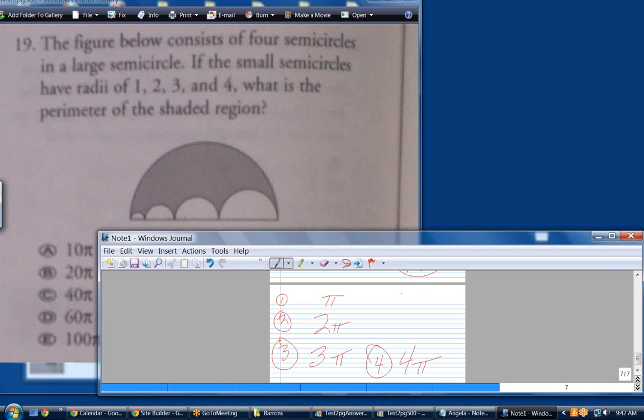So the total of that is 10 pi. Yes. Plus we need this one. Let's see, what's the diameter?